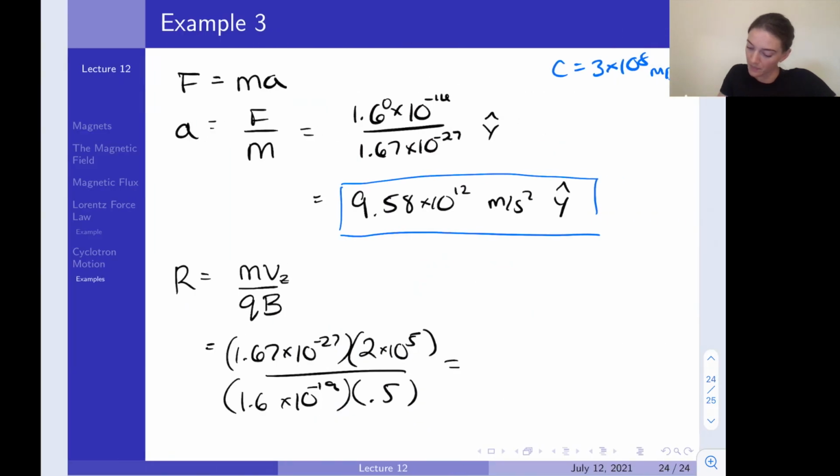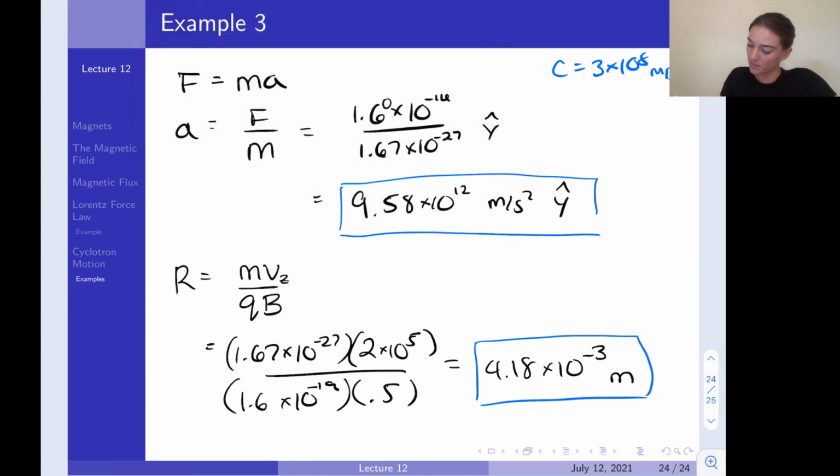So we just plug all these things into our calculator and we get 4.18 times 10 to the negative 3 meters. So about 4 millimeters wide circle there.